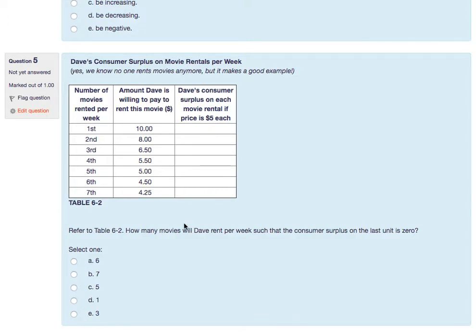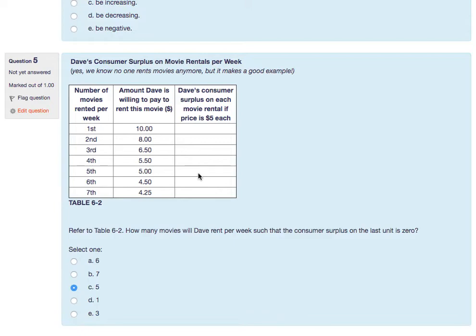So he wouldn't consume these. So how many movies will Dave rent per week such that consumer surplus on the last unit is 0? 5 units.